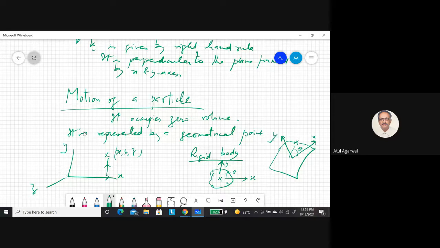With respect to this rotated system, all particles have the same coordinates. So if you want to analyze the motion of this body, you have to just find, number one, the origin, number two, the orientation of the axes.